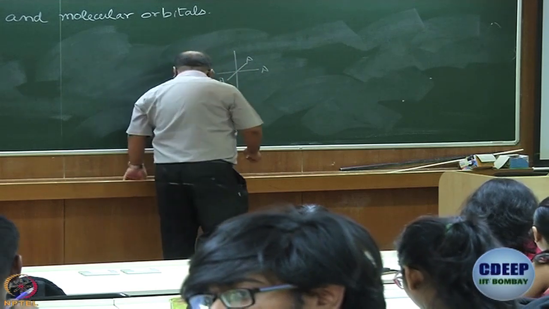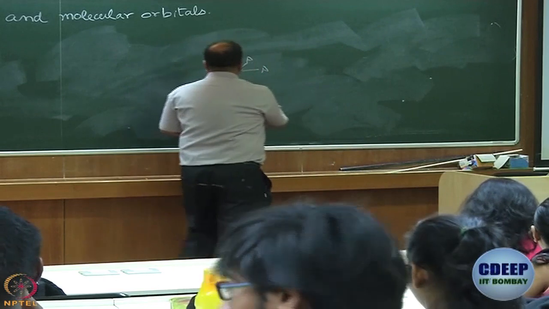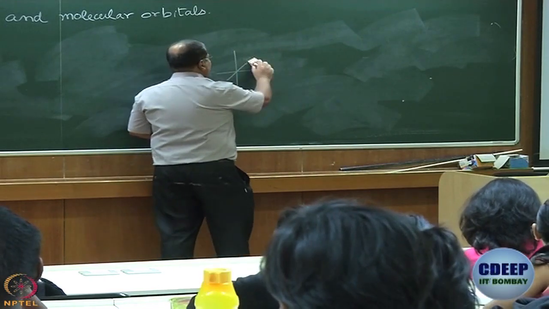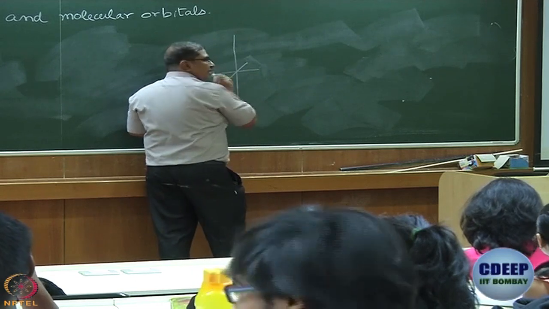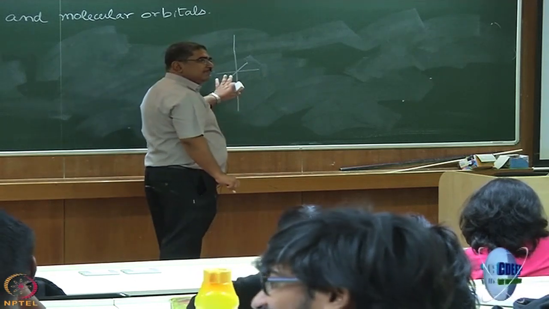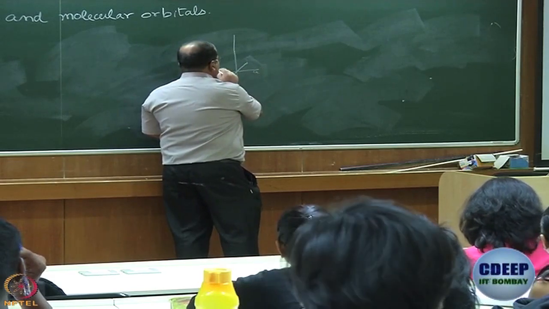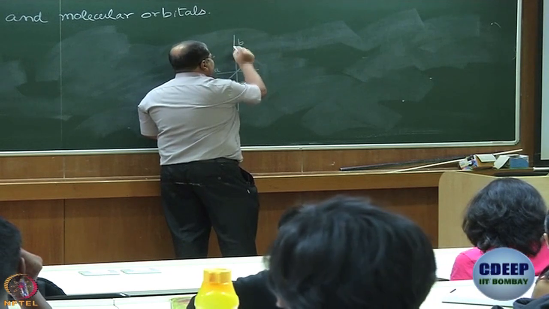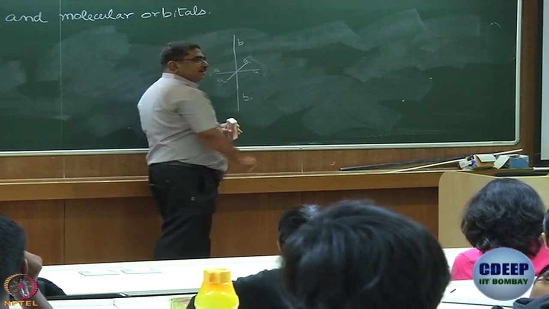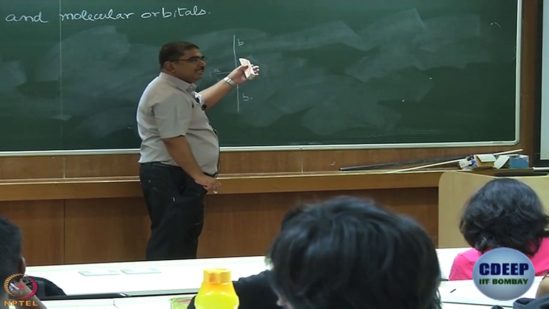So, what you can also do is you can talk about the bonds, you can name the bonds like that. I will exaggerate a little bit, this is the figure. So, I call these bonds A, I call this bond B, I call this bond B. Now, it is not very difficult to see that B and B are equivalent, but different from the 4 A's.